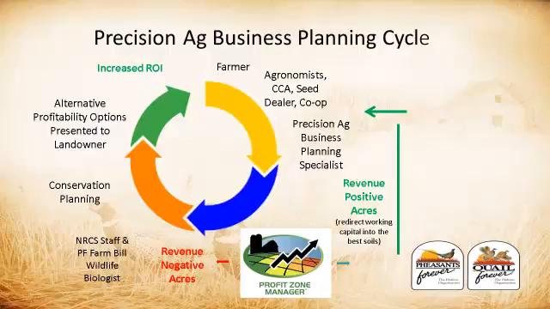But we want to look at those areas that are not so good, areas that are break even or showing losses, and try to identify what potential practices or alternative farming methods we might be able to use in those areas, then work through your NRCS office with some of their programs or even your agronomist or your CCA about different strategies where we can take those negative return acres and make them positive, because this is about trying to make every acre positive.